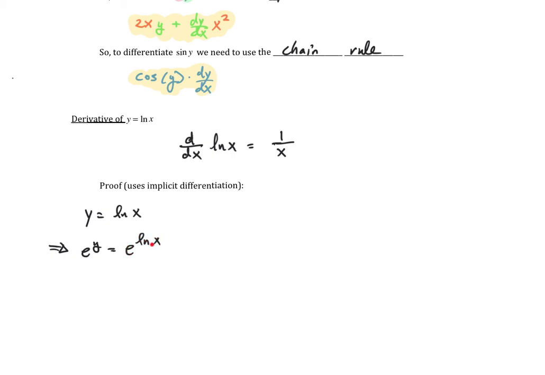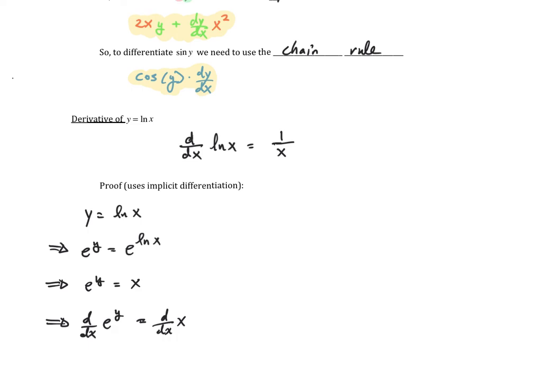That means that they have a cancellation property, and we apply that property, and we end up with e to the y is equal to just x. Now, why did we do all of that implicit differentiation review earlier? Well, we want to do it now. So we're going to differentiate both sides of this equation with respect to x.